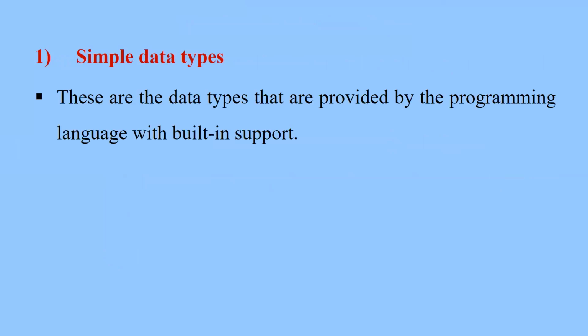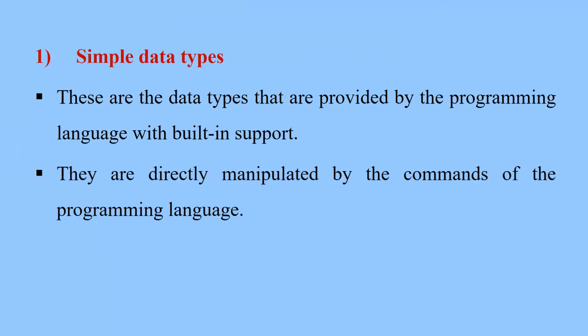Let's look at simple data types. These are the data types that are provided by the programming language's built-in support. They are directly manipulated by the commands of the programming language.